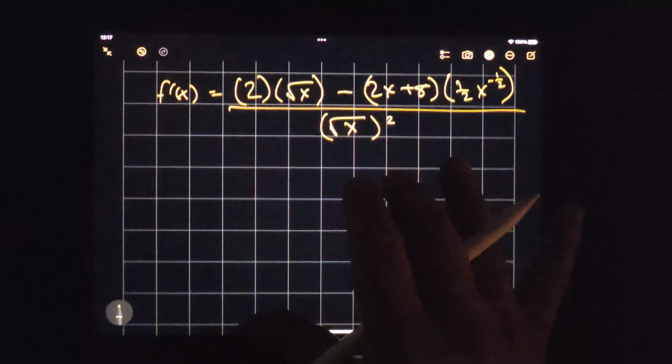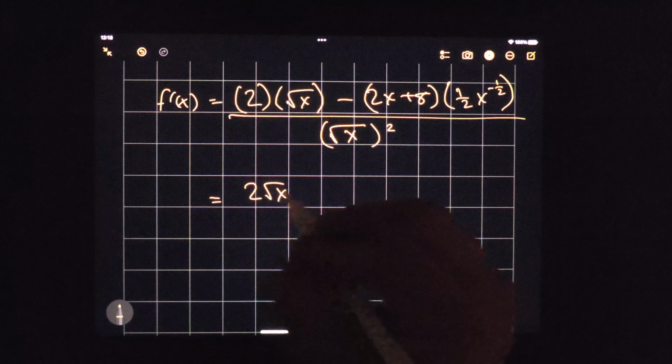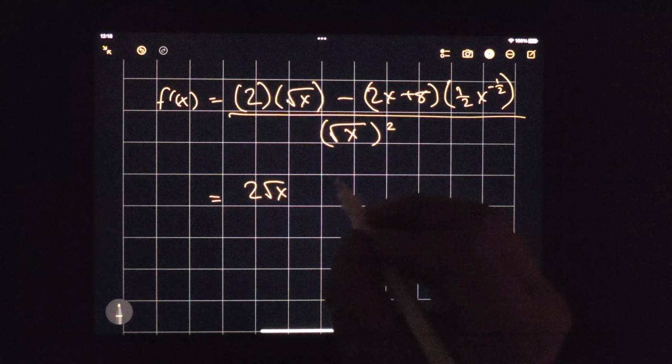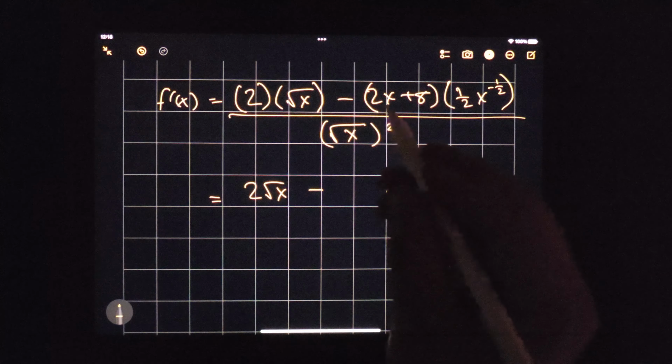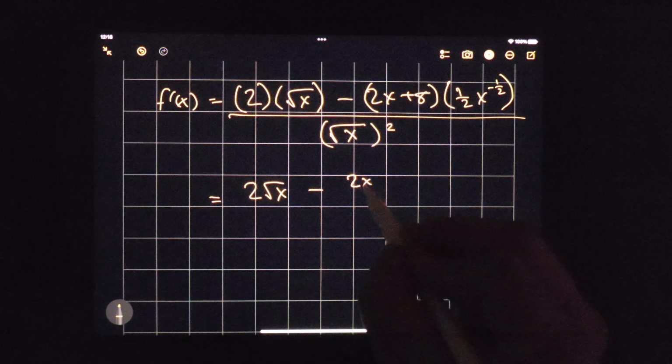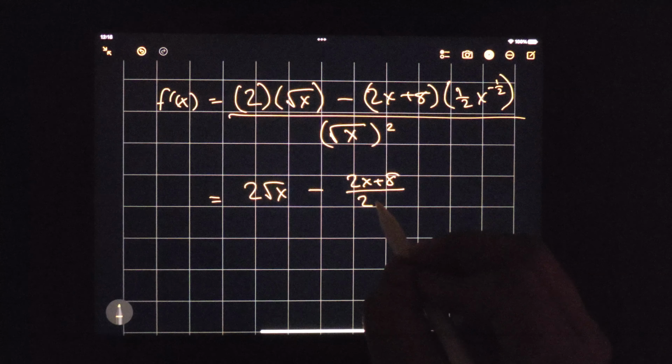So we will have 2 root x minus, that will become a fraction because that goes to the denominator. So that'll be 2x plus 8 over 2.